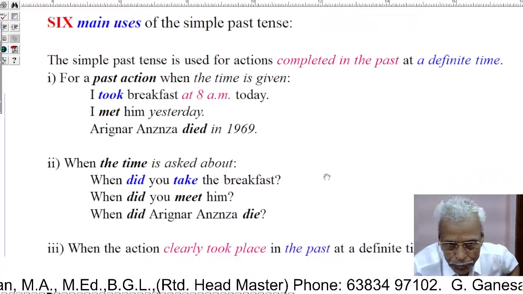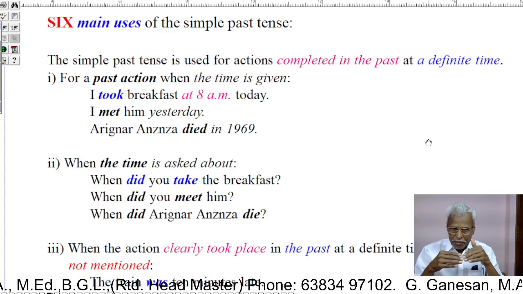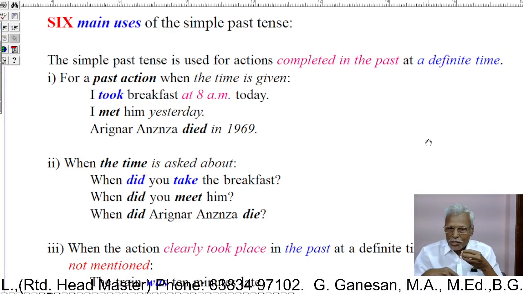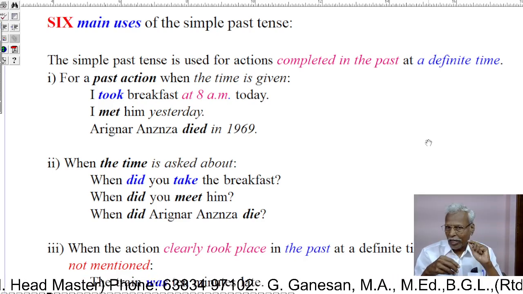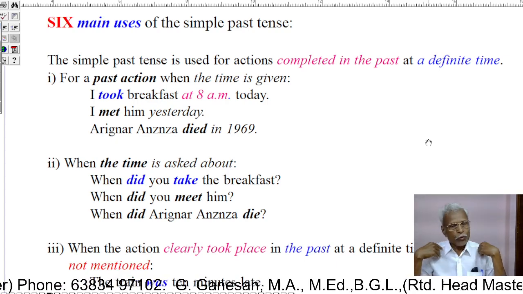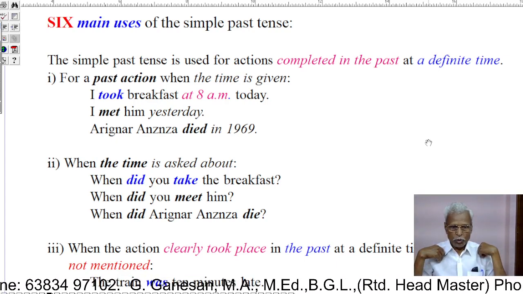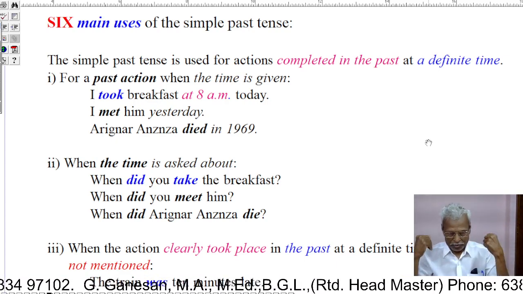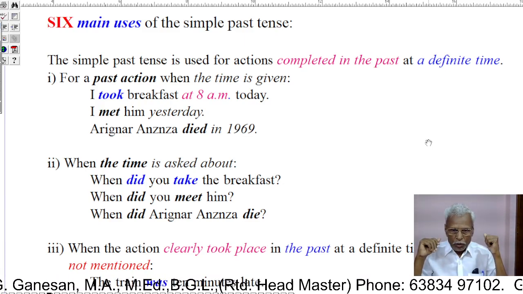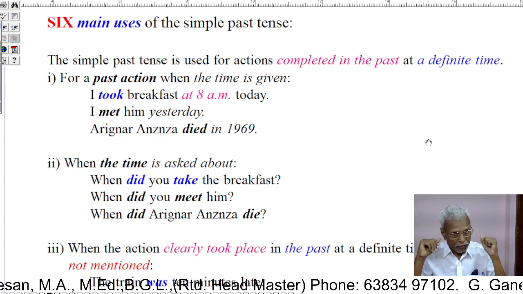Secondly, when the time is asked about, that is, when we ask the time of an action that happened in the past, to put questions, we can use the simple past. When did you take the breakfast?